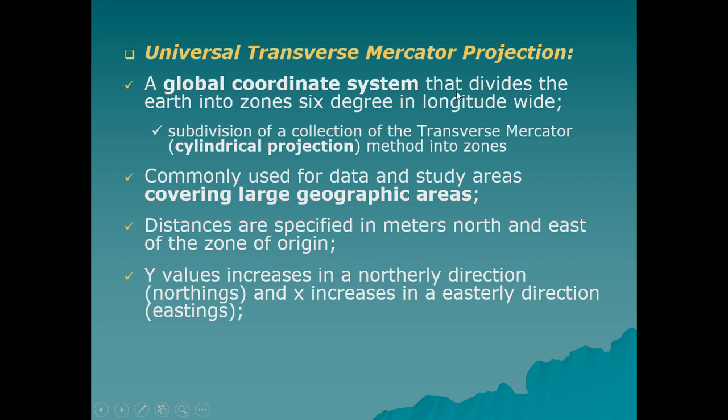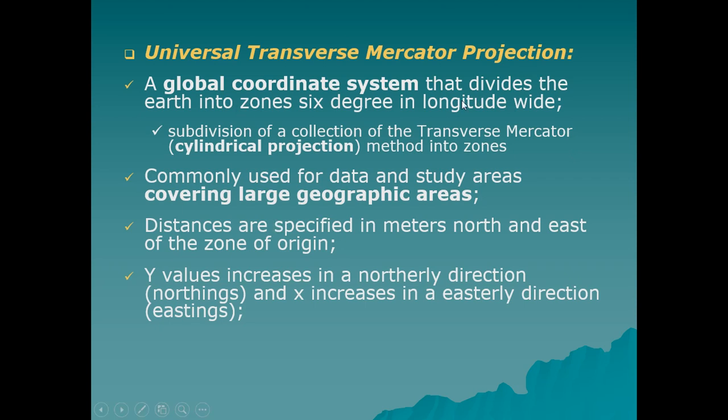But this global one actually divides the Earth into zones of 6 degrees in longitudinal width, right? Those are the vertical lines. And many zones have been developed. So it's usually important for you to know the particular country that you are interested in or that you live in. You want to know what zone that belongs to. So the next slide we will actually identify the Trinidad and Tobago zone.